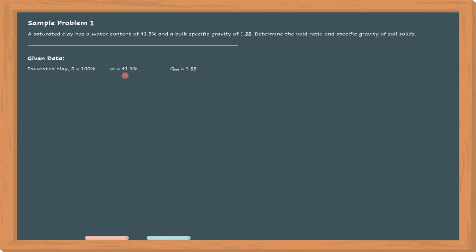The water content is 41.5% and the bulk specific gravity is 1.88. So required, letter A, void ratio. Letter B, specific gravity of soil solids or G sub S. So this is the solution.